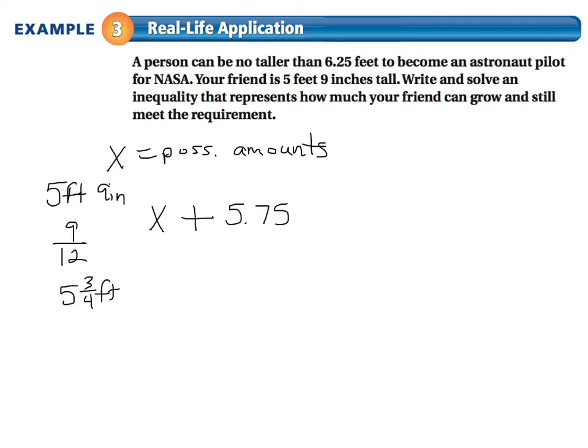That means your friend could be 6.25 feet, but can't go over it. So the inequality that you would write would be that your friend's height has to be less than or equal to 6.25 feet. So we solve this by subtracting 5 3/4 feet on both sides.